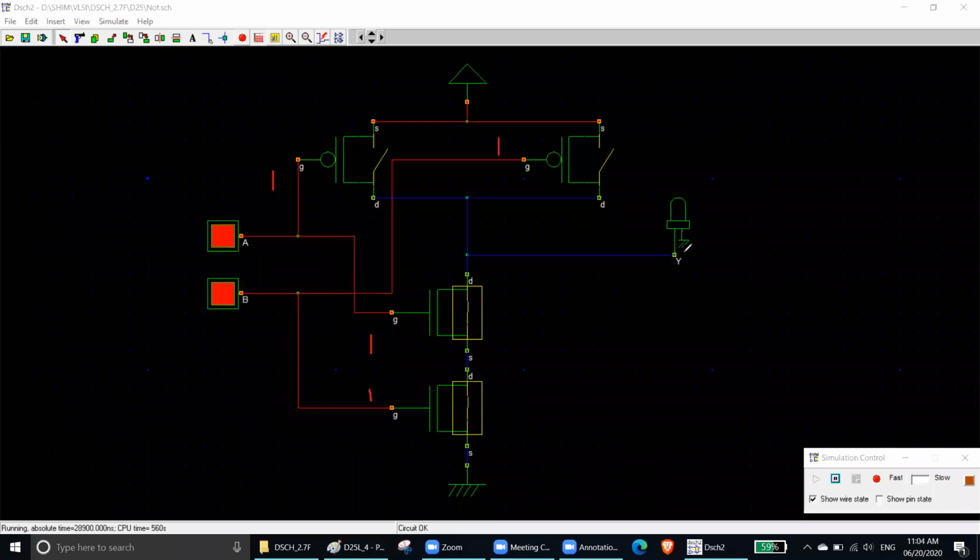One ground is already connected, that means this one. Another ground is connected through this point. See, your ground is short at this point. So at this point, you have one ground, that is this one, and the other pin already has a ground, right? So both of them are ground and ground. So LED is off. For 1, 1, your LED is off. That means 0. So you have understood, right?